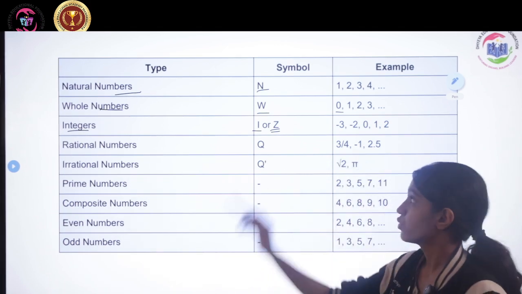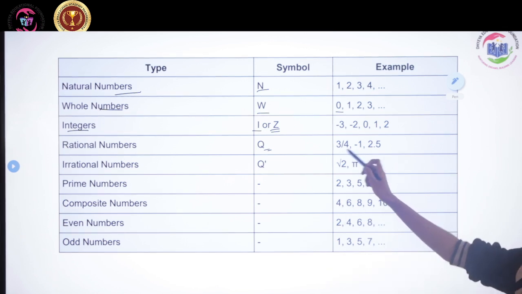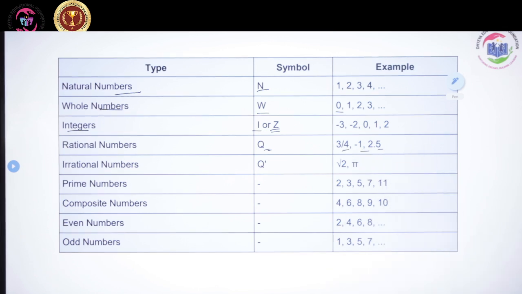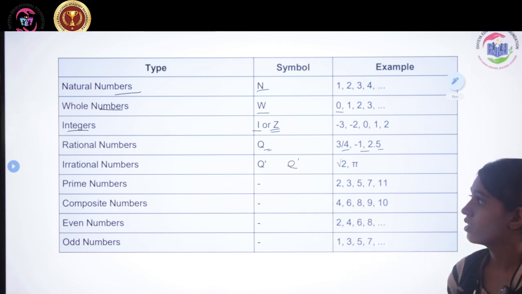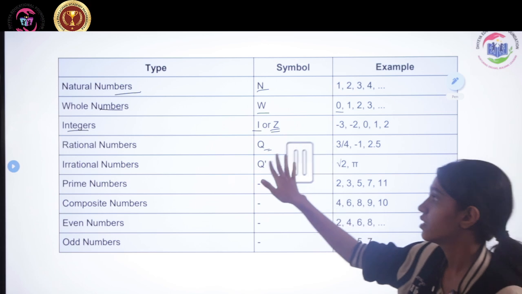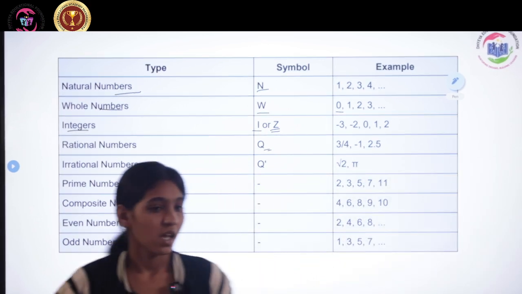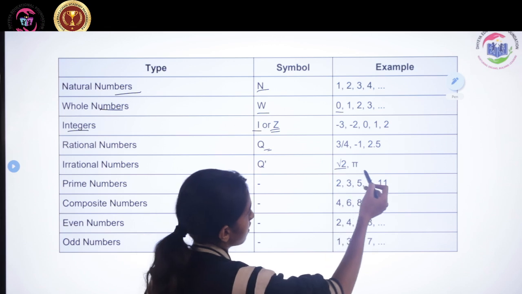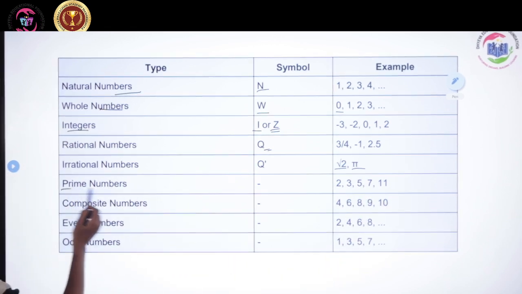Rational numbers use Q, and these are the examples. Irrational numbers use Q with a stick, which means the complement of the rational numbers. Examples are root 2, pi, and prime numbers.